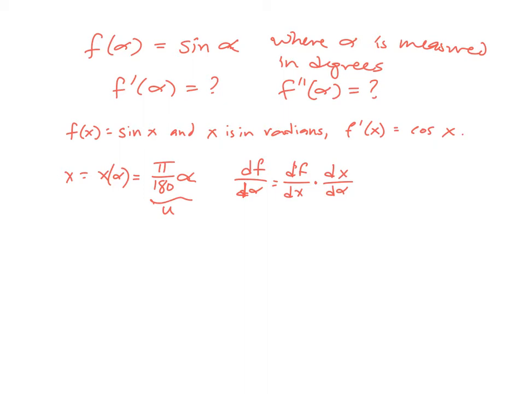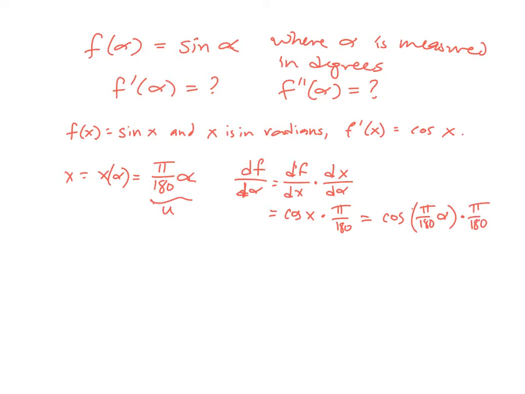So the change in f with respect to x would be cosine of x times the derivative of pi over 180 times alpha with respect to alpha, which would just be pi over 180. And now I need to get it back in terms of alpha, and so I get cosine of pi over 180 alpha times pi over 180.